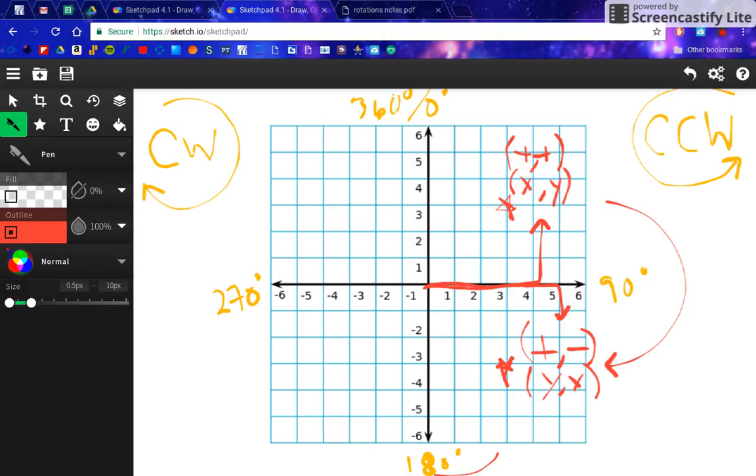Go another 90 degrees. Me in quadrant 3. Starting at the origin, you're going to be going left, which is negative, and down, which is negative. So you got a negative, negative. And guess what? We went another 90 degrees, so it's back to x, y. Yay, it's normal. Then we go another 90 degrees.